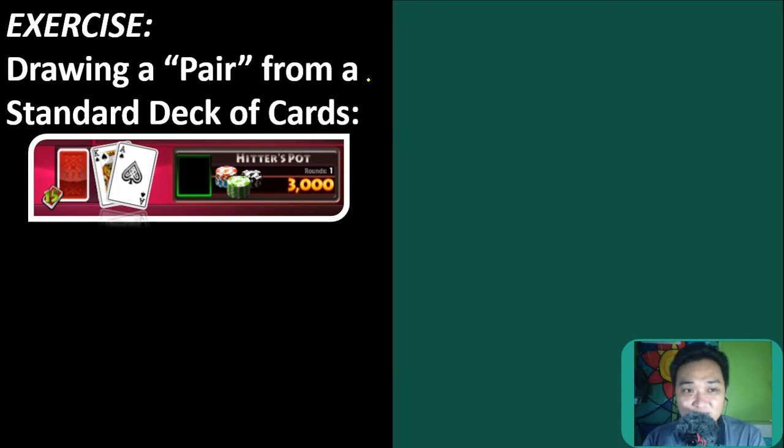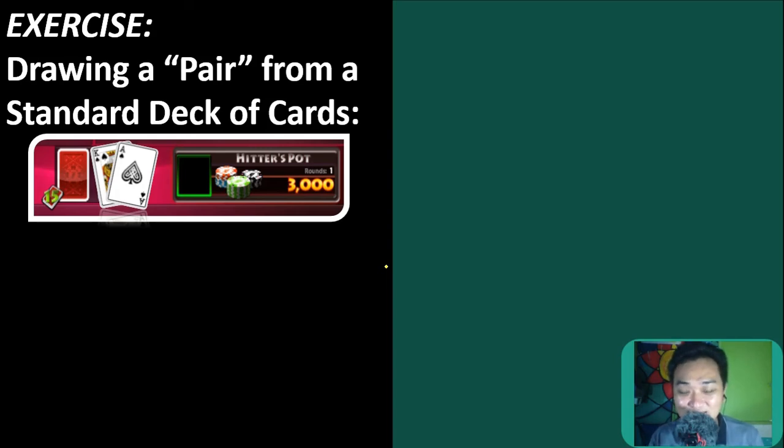Now, for this experiment, we are going to draw a pair. O sa layman pa natin, par, meaning pares ng card. Bubunot tayo ng 2 card. It's up to you kung isipin nyo na sabay bubunutin yung 2 card or pwedeng paisa-isa. Pero pag pinaisa-isa nating bubunutin, kailangan hindi mo ibabalik yung binunot mo na.